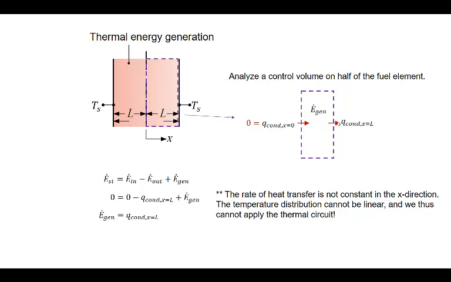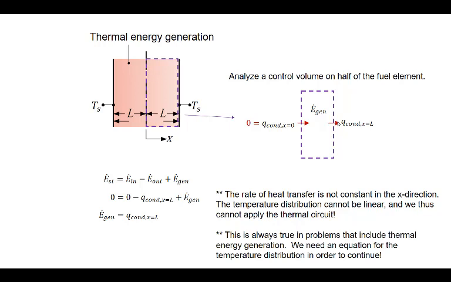This is a fundamental idea to understand. In the presence of thermal energy generation, the thermal circuit analogy and modeling does not apply. This will always be true in problems that include thermal energy generation.